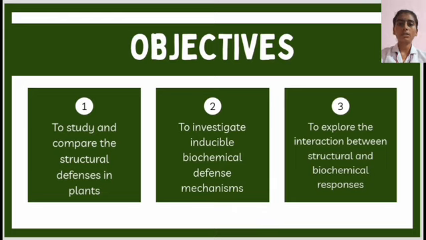The second objective is to investigate inducible biochemical defense mechanisms. This means plants not only rely on the primary structures, but they can also produce several chemical components only after the infections. So in this objective, we focus on how plants make compounds like phytoalexins and PR proteins as part of their defense.